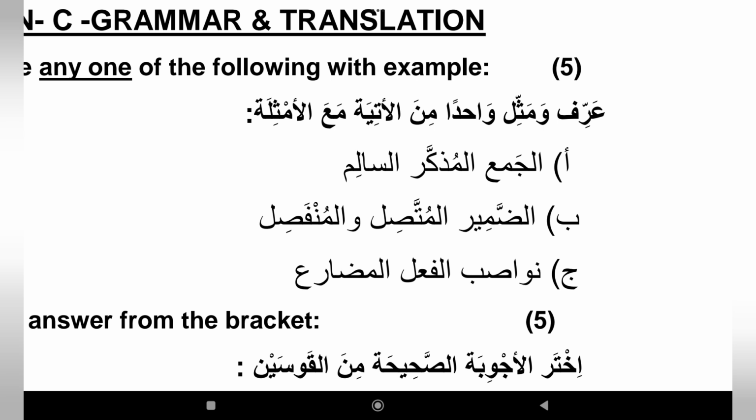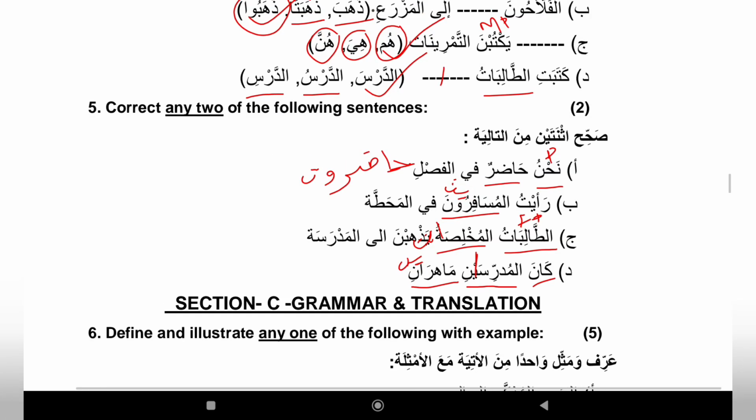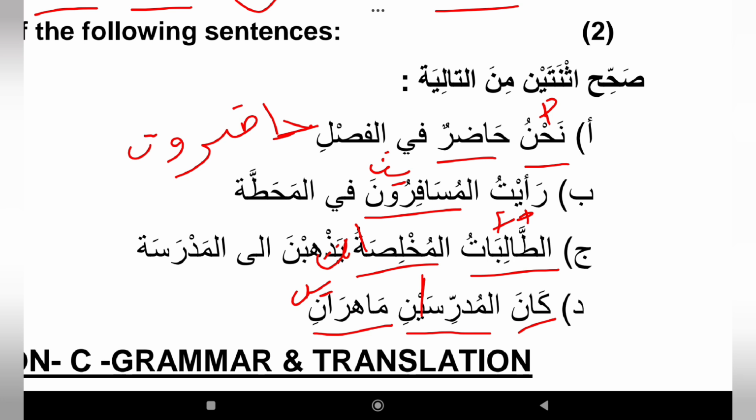We have already explained the definitions in the previous lessons, or you might have studied them in your class. So just write the definition. You can write it in English, the definition of jam'u mudhakkar salim, any of them, and write one example also. Take an example from this itself, like ra'aytul musafirina fil mahattati. You can write the same example.